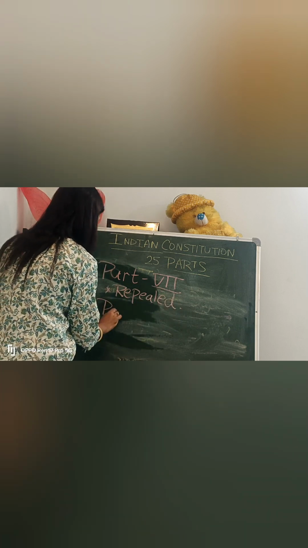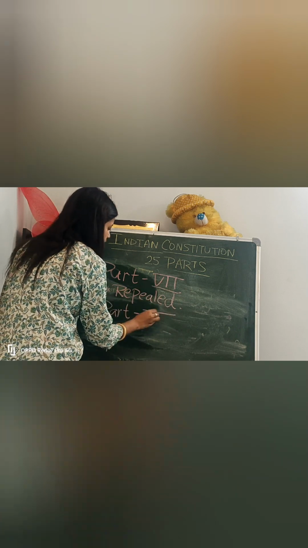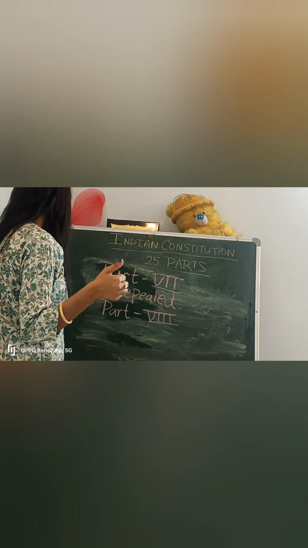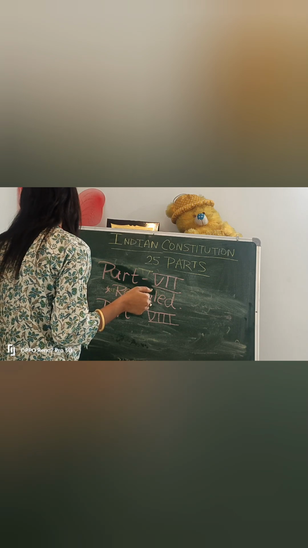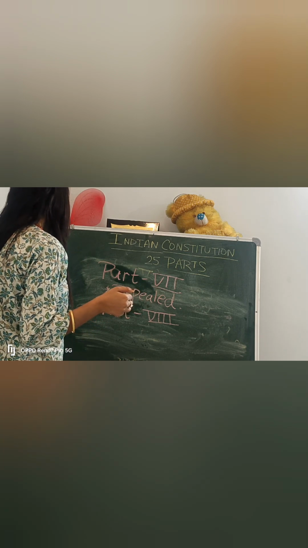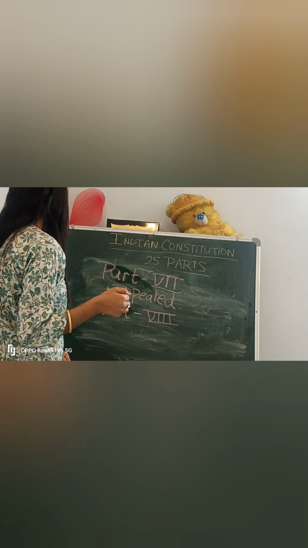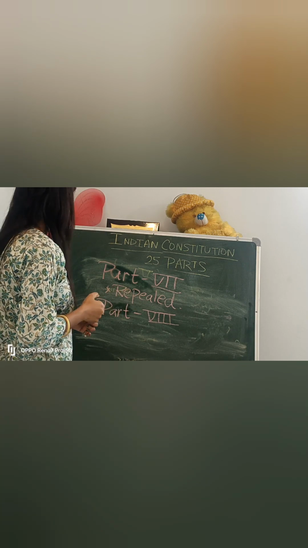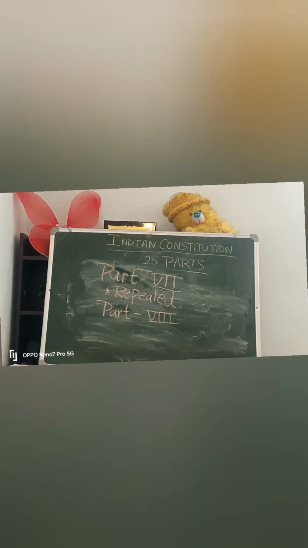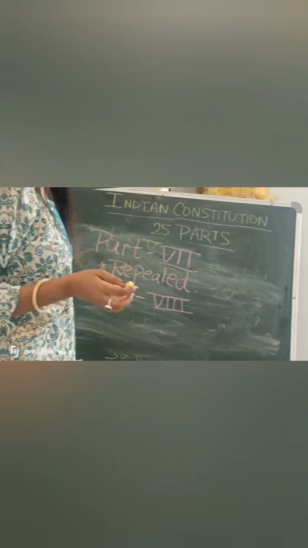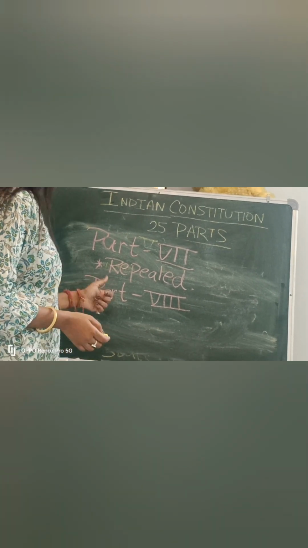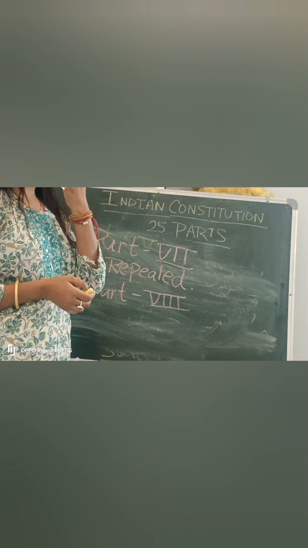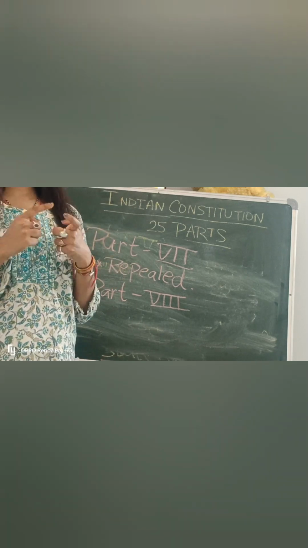Now let's move to part 8. Part 8 is our union territories. Part 8 is about the union territories, and in part 1 it was also union territories, but in that it is given about union and its territories.